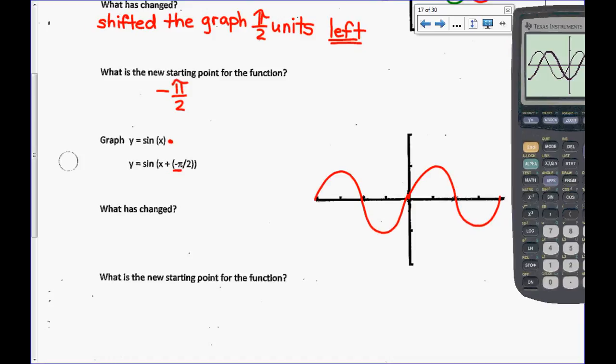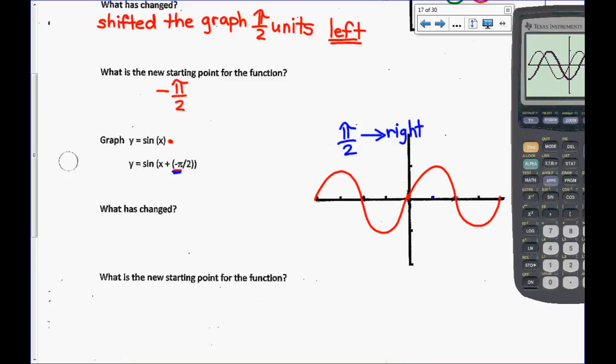And what's happened now that I have added a negative pi over 2, it's actually moved my complete graph pi over 2 to the right. So where my 0 was before, it's now over here.